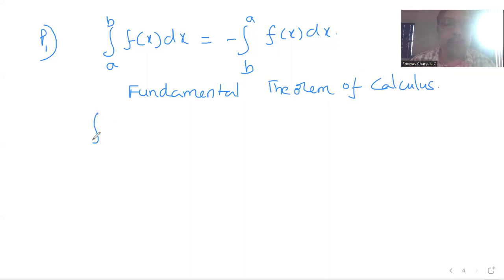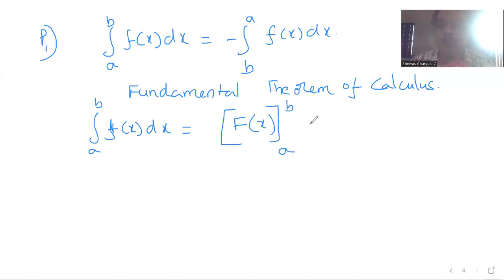What we do here, you know that integral a to b f of x dx is equal to, let us say the integrated function is F of x. So here you write down a to b. So how do you apply the limits? F of b minus F of a.